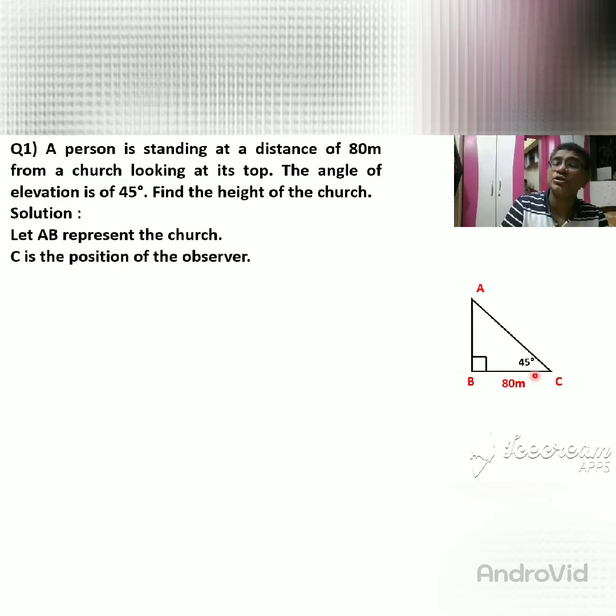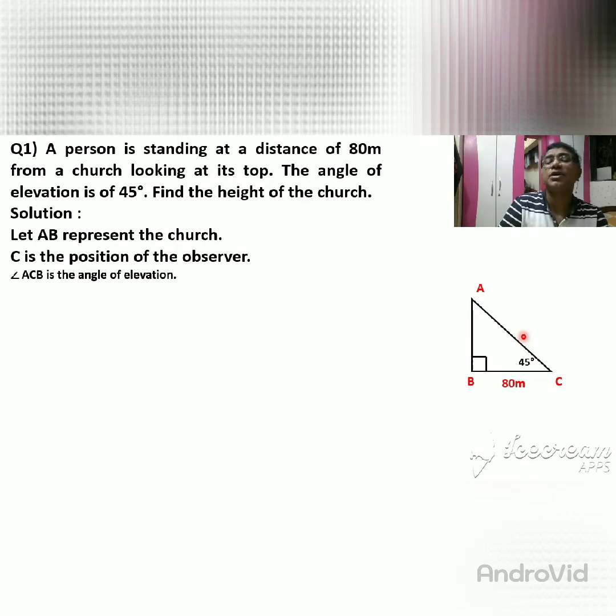C is the position where the observer stands, means that person stands. And angle ACB is the angle of elevation. Why is it the angle of elevation? Because the person is looking from base to top. When the person is looking at the top side, this is the angle of elevation, and when the person is looking in a downward direction, it is the angle of depression.